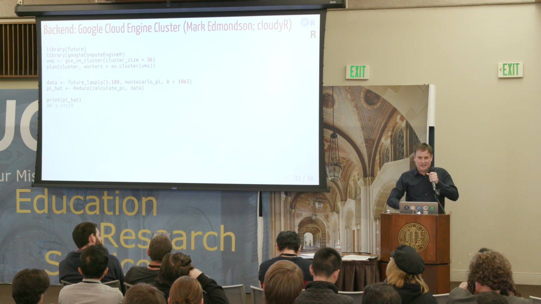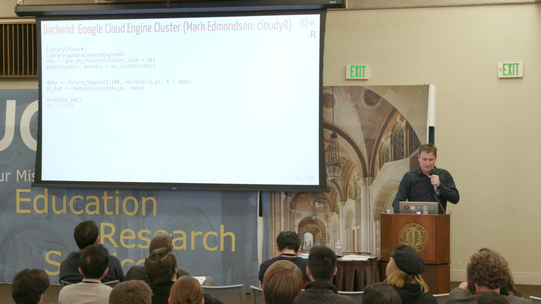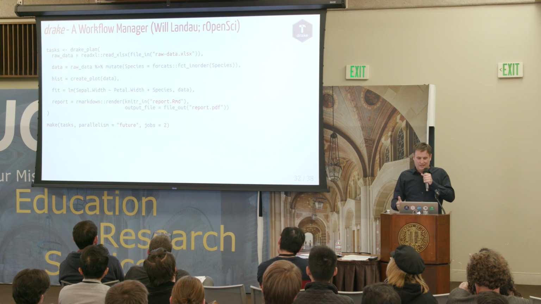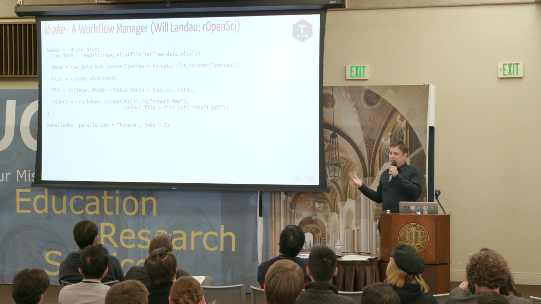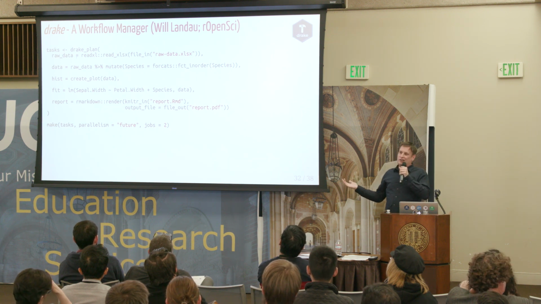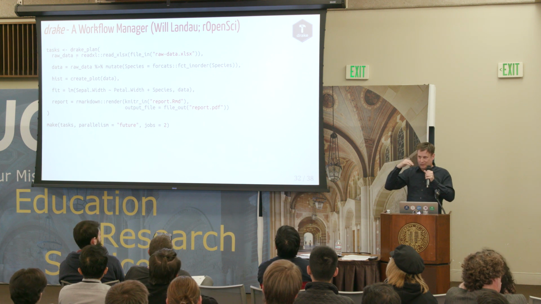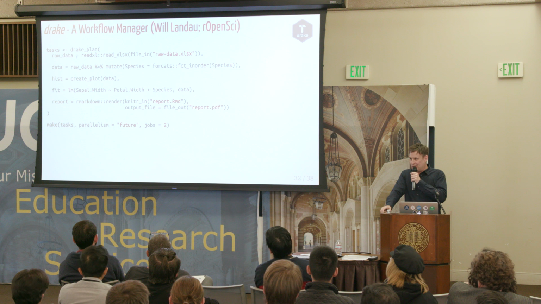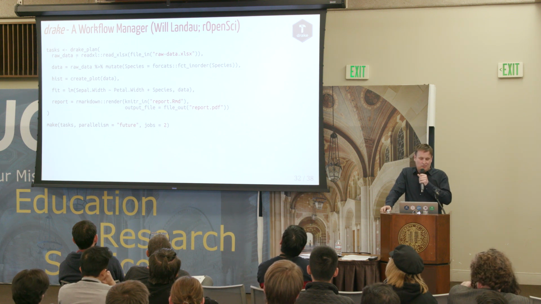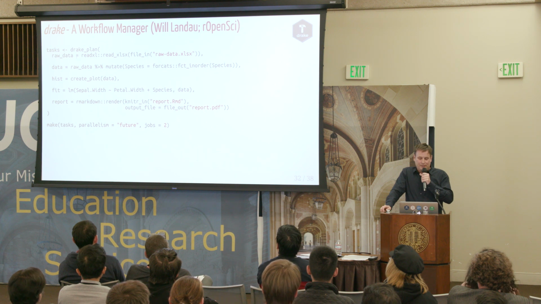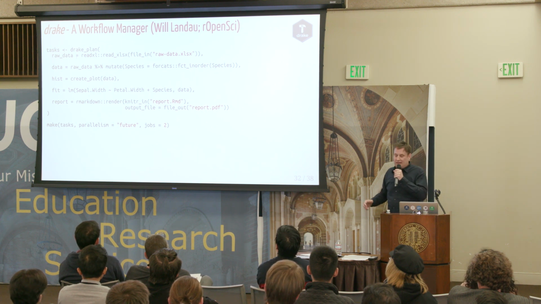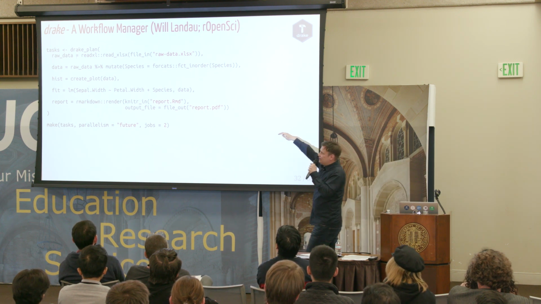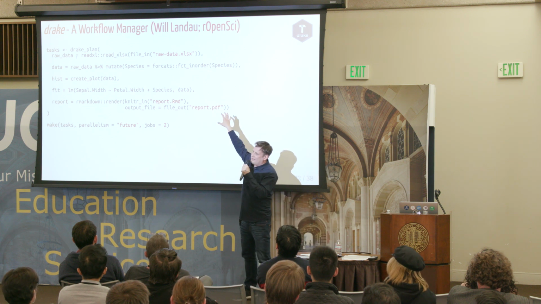There are higher level APIs that build on top of the future framework where they make a workflow manager, basically Unix make in R. Drake has really grown and become a solid solution for this. It is now under the rOpenSci project. So basically you define different tasks you want to do, and nothing runs in the first expression, the first part up here, but it declares the dependencies.